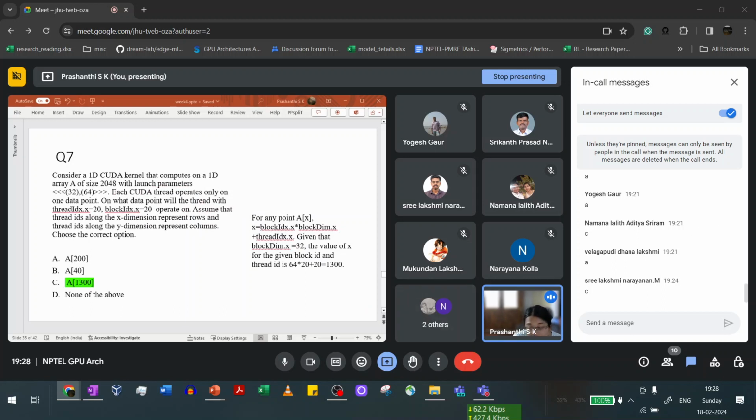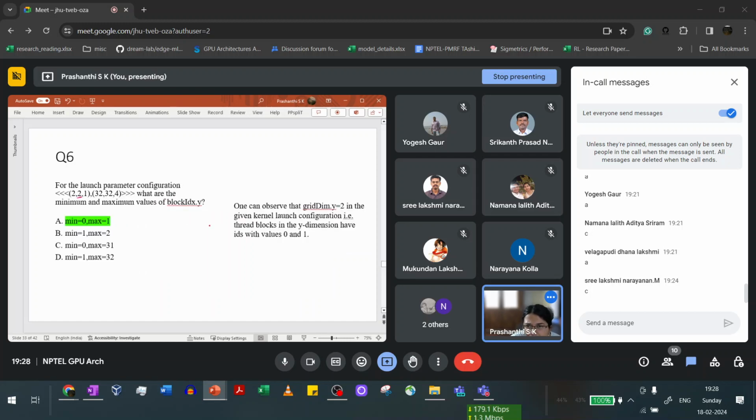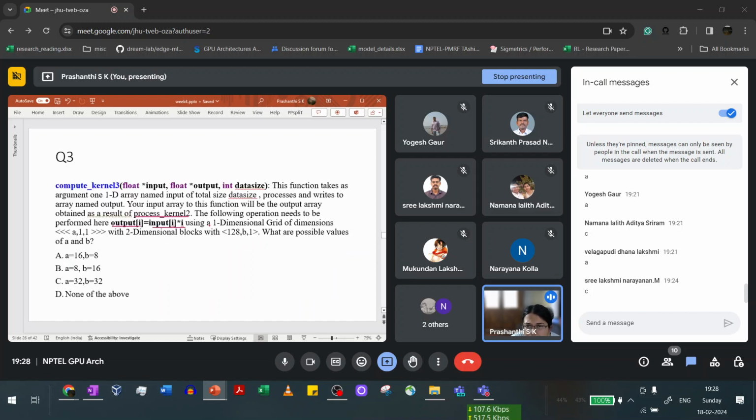So C was right for whoever got it correct. For any point A of x, block id x dot x into block dimension dot x plus thread id x dot x would be how you calculate the thread id, right? So this is that mapping of thread to element that you write in every kernel. Remember, I think we had it in some of the examples.